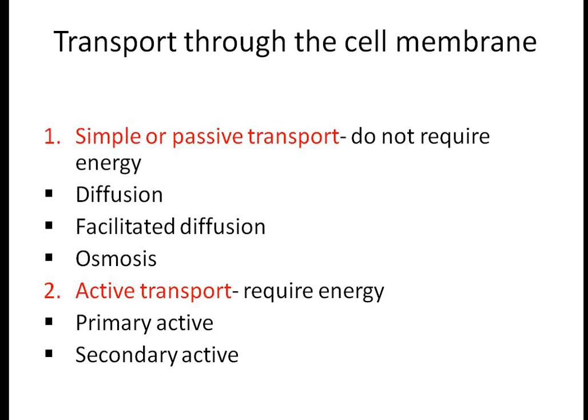The energy is in the form of ATP, and the simple transport mechanisms which do not require energy are diffusion, facilitated diffusion, and osmosis, while active transport includes those mechanisms which require energy in the form of ATP, like primary active transport and secondary active transport. Today, the basic mechanism that we are going to discuss is osmosis, which is a passive transport mechanism that does not require energy.